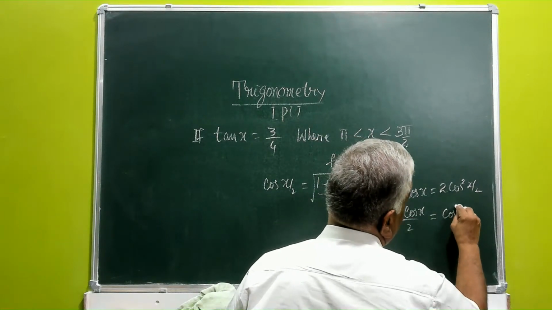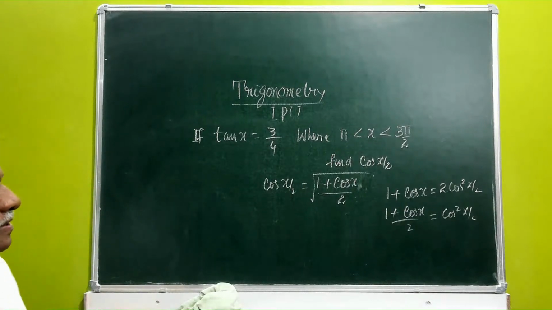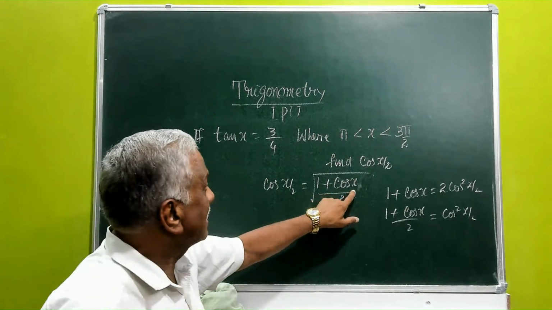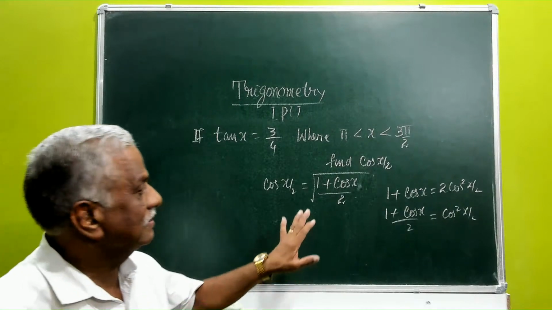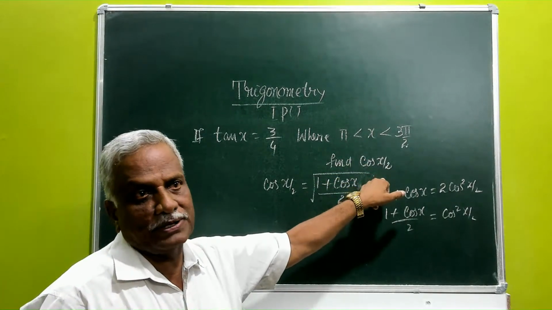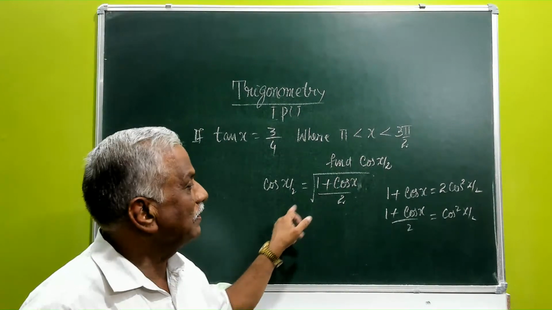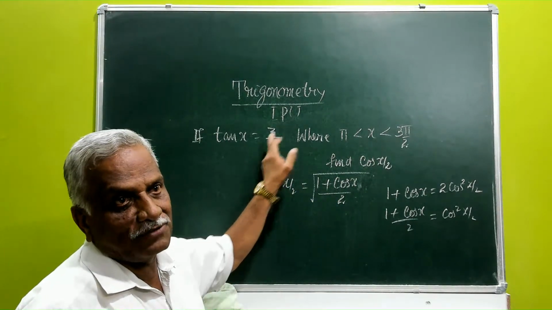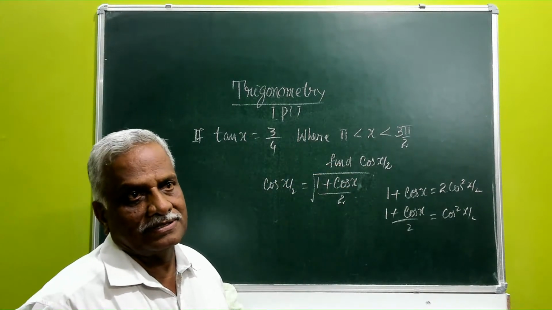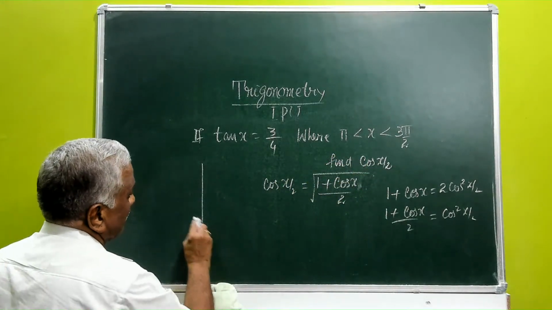It is cos square x by 2. So you should remember this formula. That means if you can find cos x, then you get the solution. This is how we are going to analyze. They have asked you to find cos x by 2. Immediately you should recall the formula: cos x by 2 is root of 1 plus cos x by 2. But they have given tan. We have to find cos. There also, you should have an idea where to take the triangle.